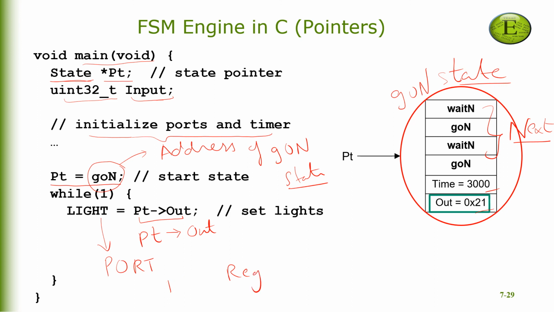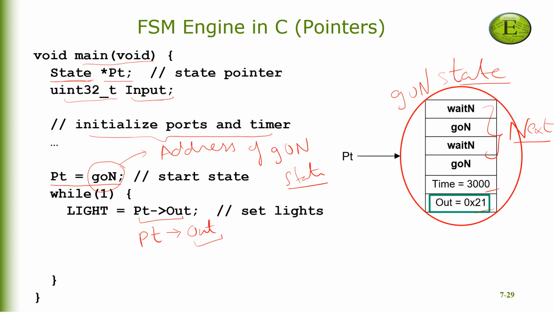So reminder, light means the port B data register. So what are we going to send to that port B data register? Well, we're going to see what the output of the state is. Now we don't have the state variable, but we have a pointer to the state.